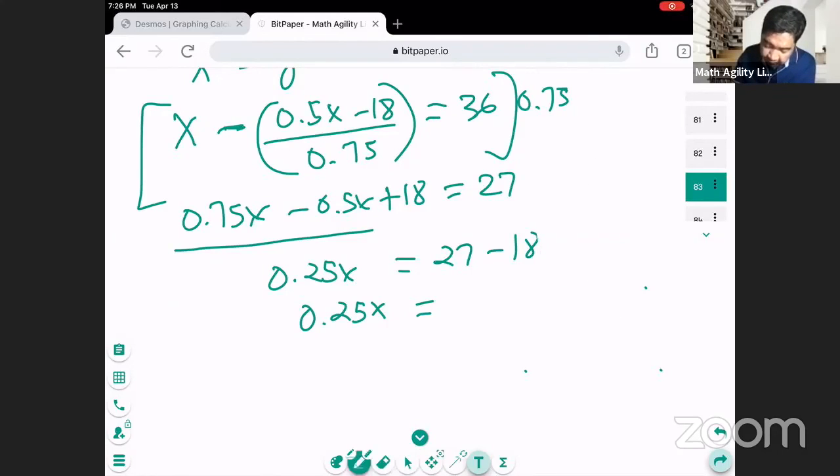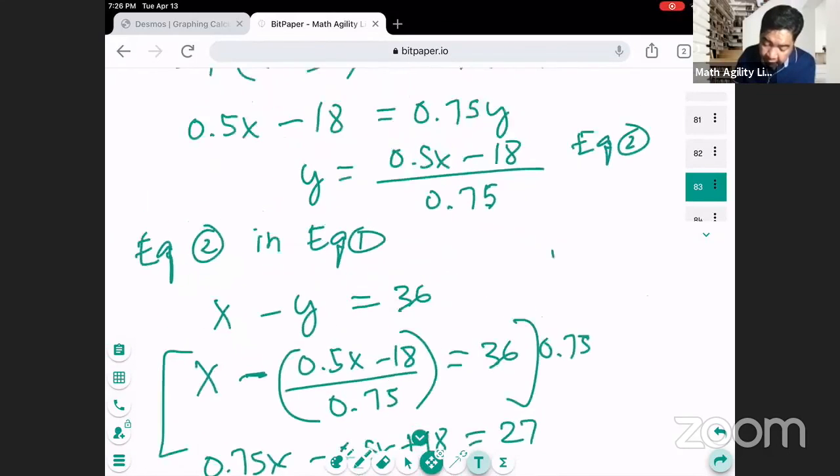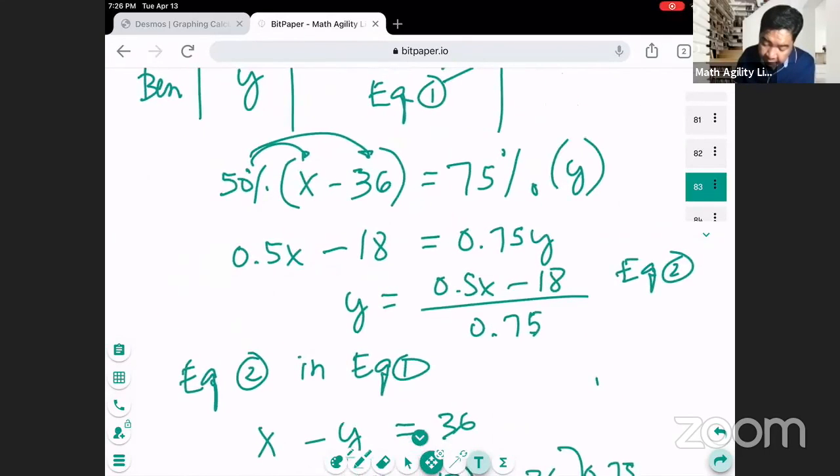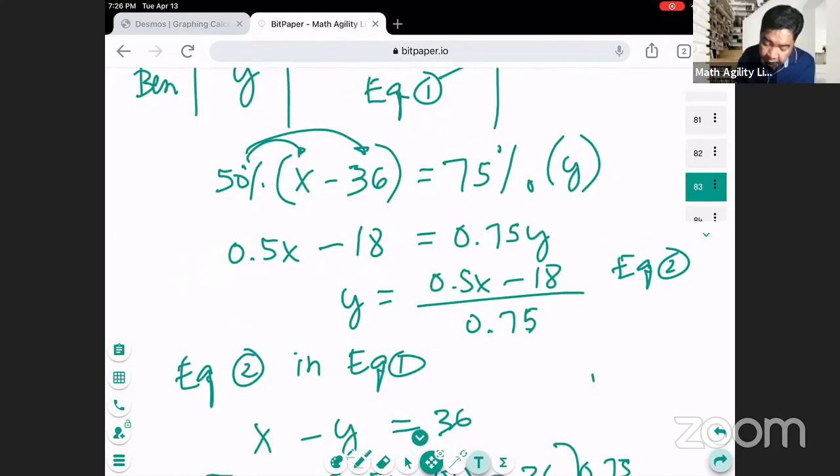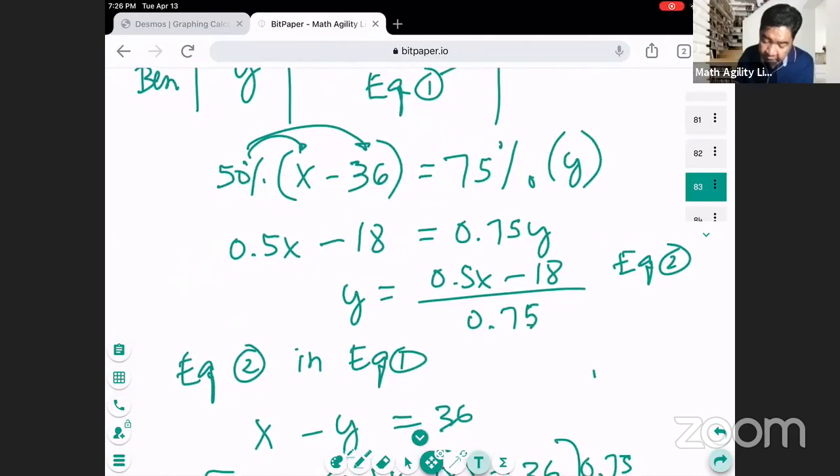Okay, let's see. I got a different answer from the Singapore math solution actually. Let's see. Where did I mess up here? So 50% of x minus 36, and then minus 18.